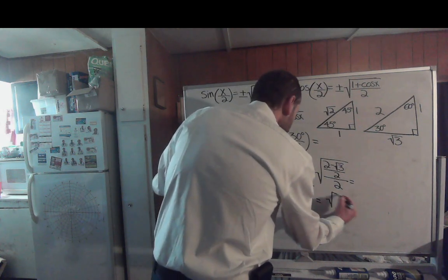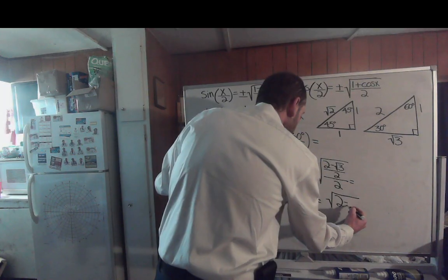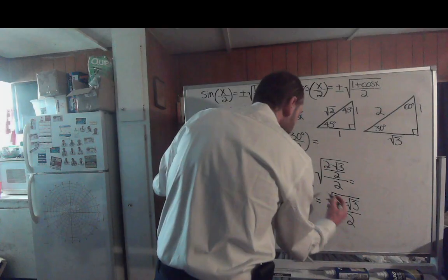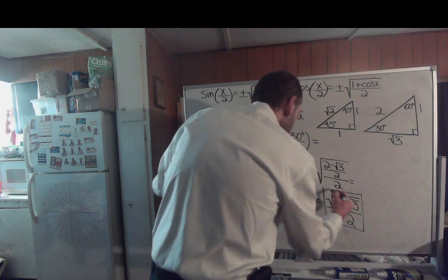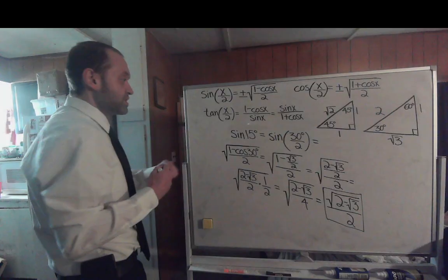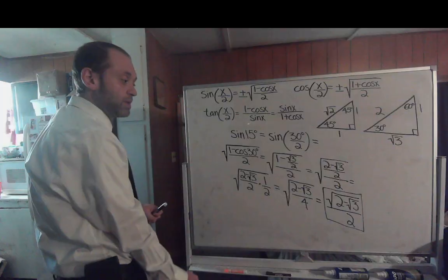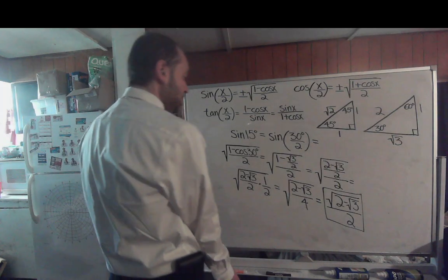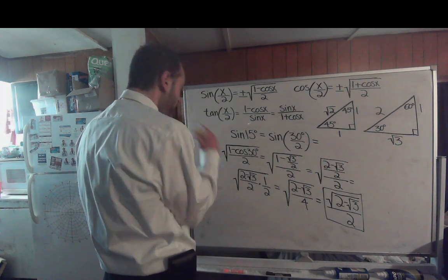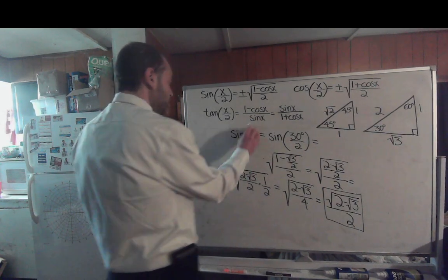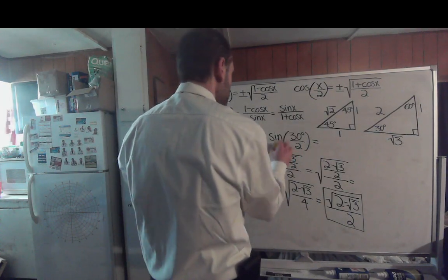So your final answer should be the square root of 2 minus the square root of 3 all over 2. So that would be the exact value for the sine of 15 degrees based on the half angle formula. Alright, now we're going to do the cosine of 15 degrees.